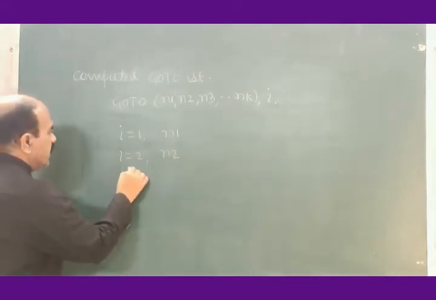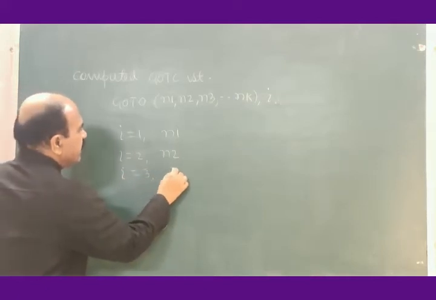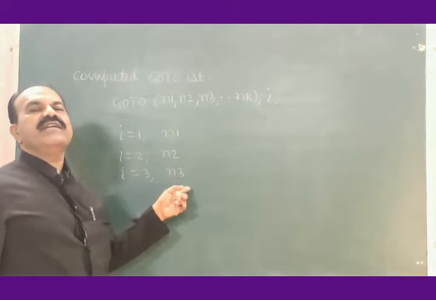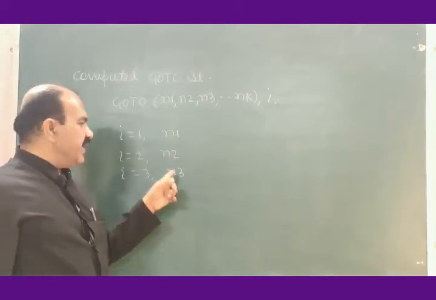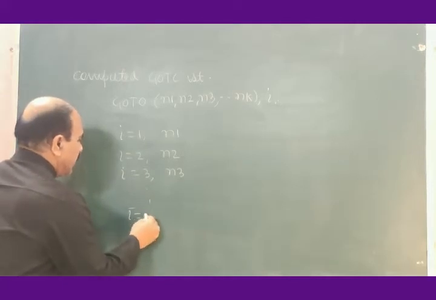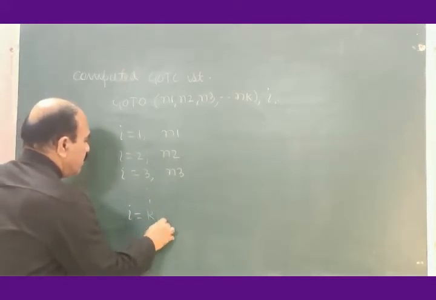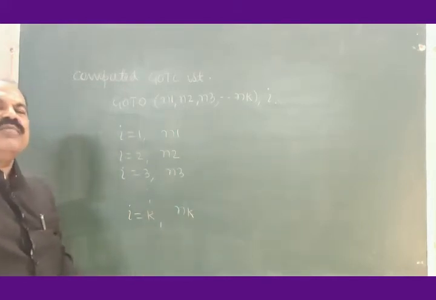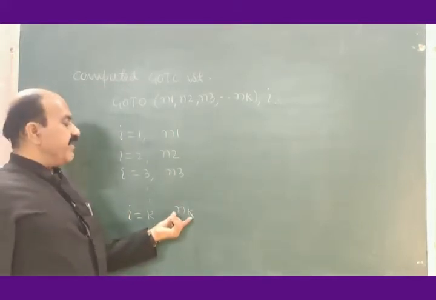If the value of I is 3, control will be sent to the statement whose statement number is n3 and so on. If I is equal to k, the control will be sent to the statement with statement number nk.